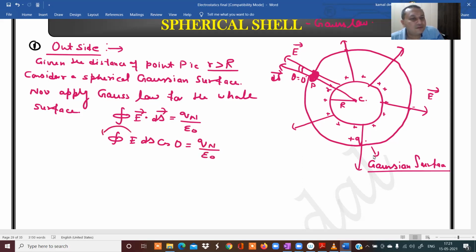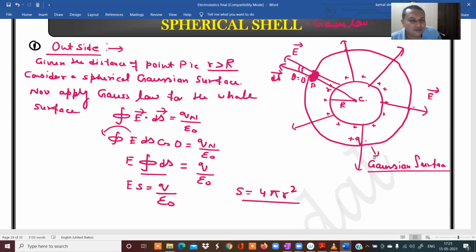Take E out of the integration sign. Integral of dS equals q upon epsilon naught, as the charge enclosed is the charge on the surface, q. The integration of dS is the total surface area of this Gaussian surface, so E into S equals q upon epsilon naught. What is the total surface area? 4 pi r square.